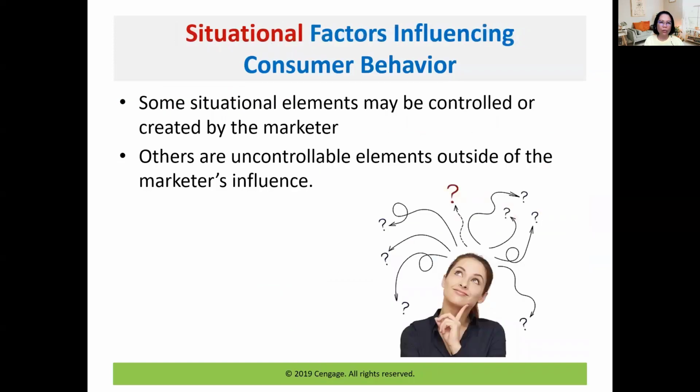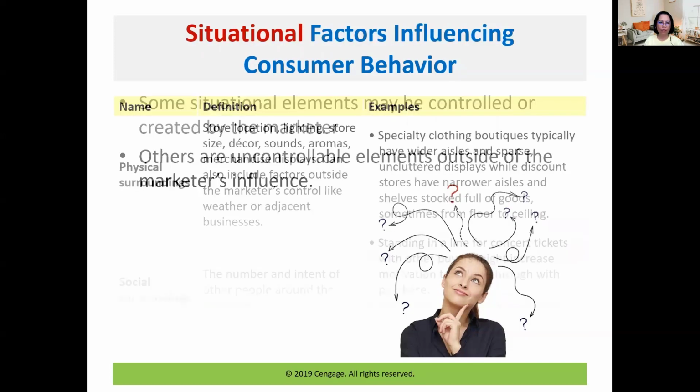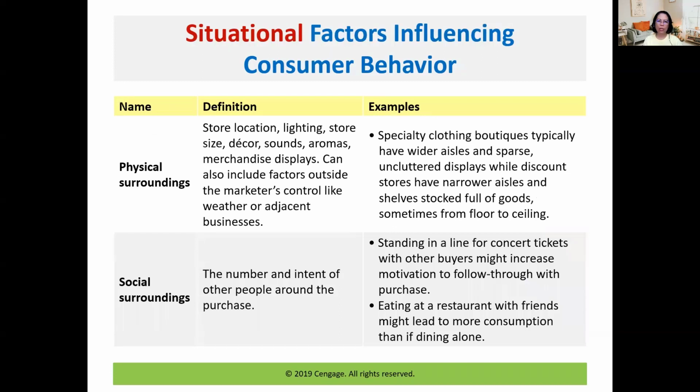Now let's go to the situational factors influencing consumer behavior. Some situational elements may be controlled or created by the marketer. Others are uncontrollable elements outside of the marketer's influence. So what are these situational factors? First, we have physical surroundings.